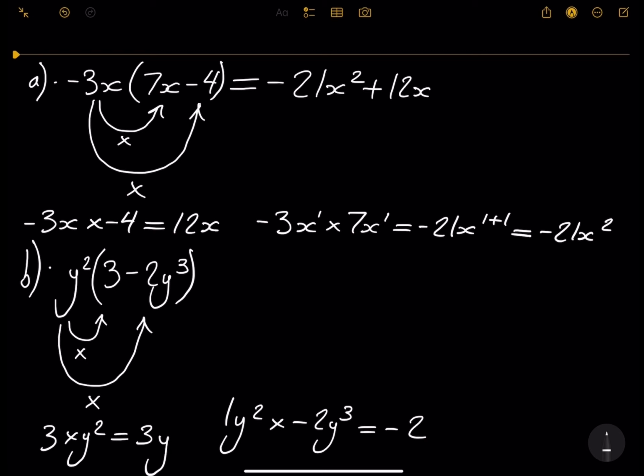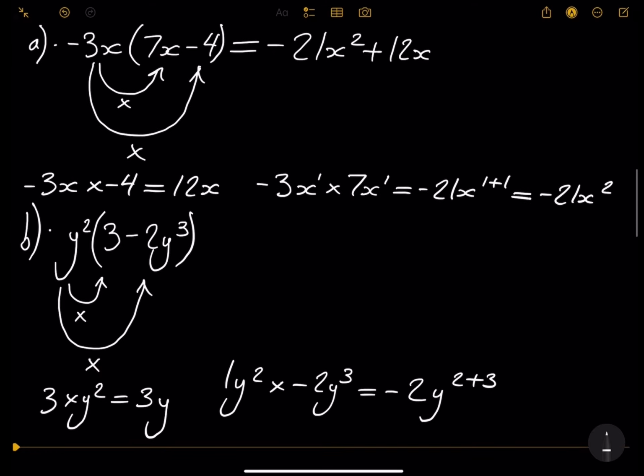And then we have to multiply these two variables raised to different exponents, but the bases are, as we said before, still the same. The base is y, and in this case we're multiplying, so we have to add the exponents. So it'll be 2 plus 3. The answer to this would be minus 2y raised to the power 5.